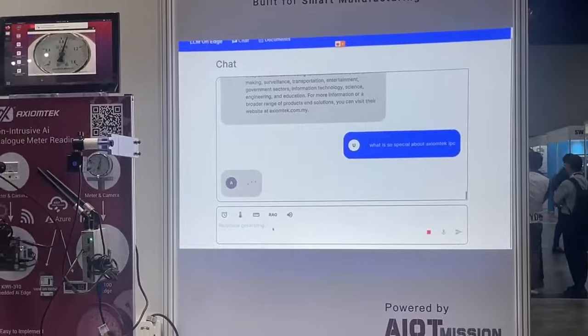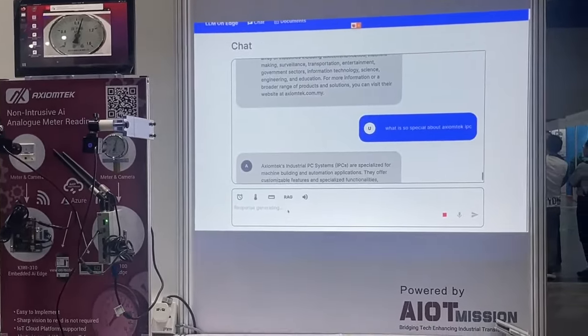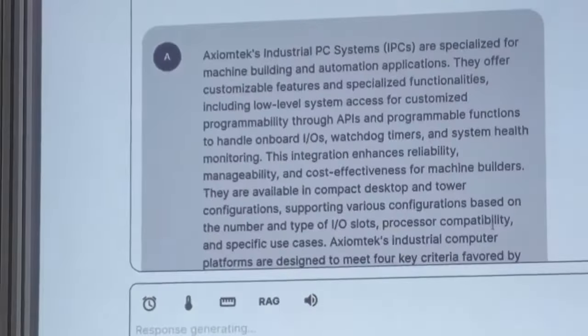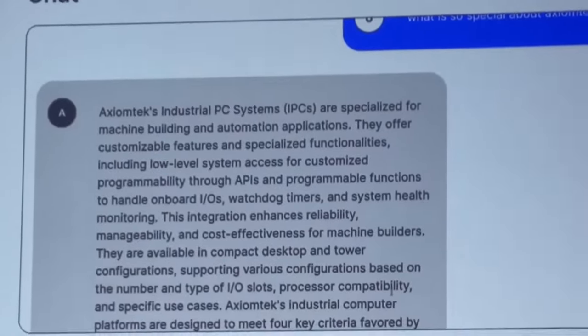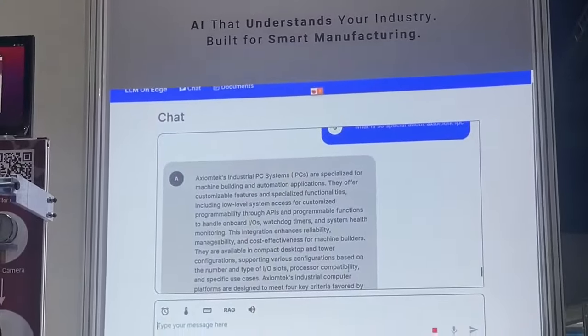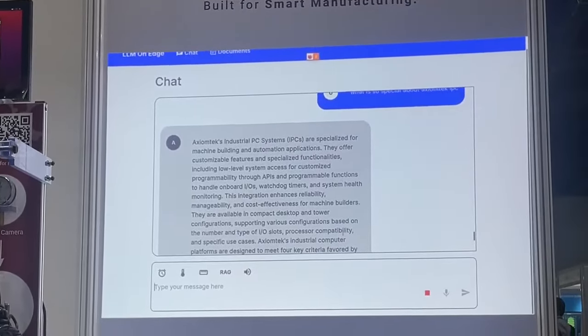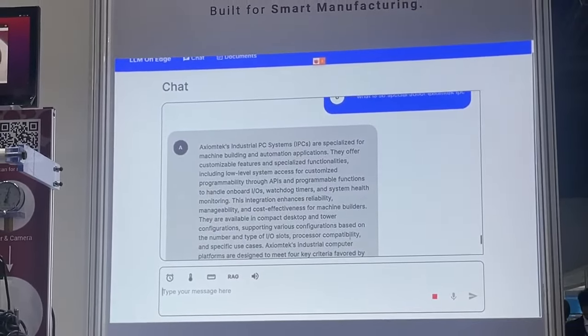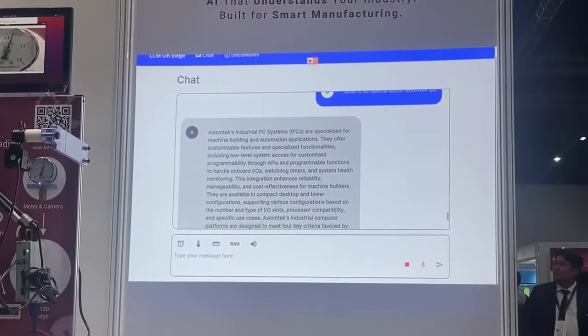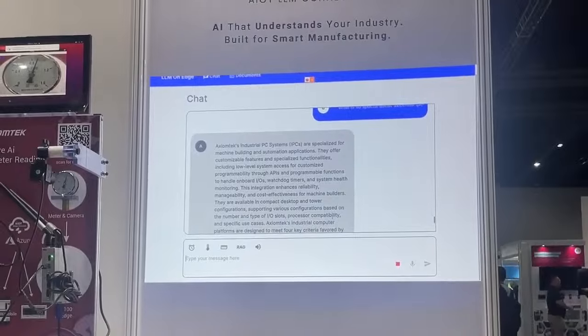And this LLM also generates voice, so you can move nearer to the speaker. Okay, it's able to answer us. They offer customers with features specialized from control lines, including low-level system access. Wow, it knows. Customized programmability through APIs and programmable functions to handle onboard I/Os. It knows our industrial PC is able to handle the onboard I/O.